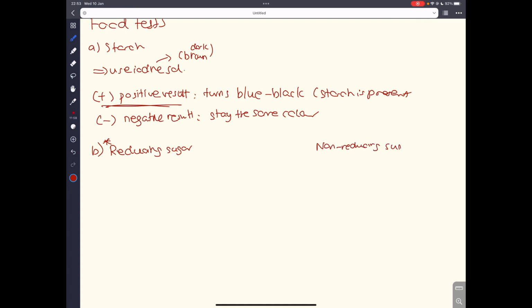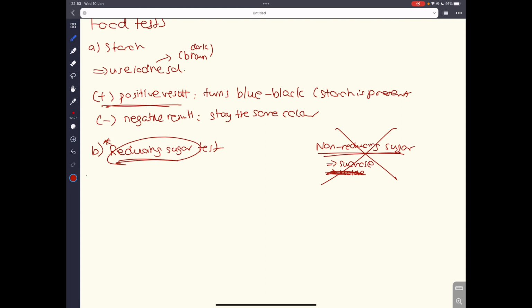I'm going off a bit of the IGCSE syllabus, but non-reducing sugars are sugars such as sucrose and lactose. These non-reducing sugars have a different test from the reducing sugar. So you don't have to pay this any mind. You will only have to focus on the reducing sugar test.